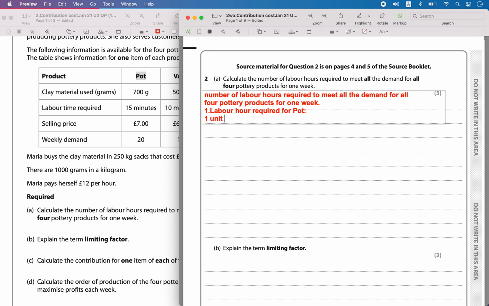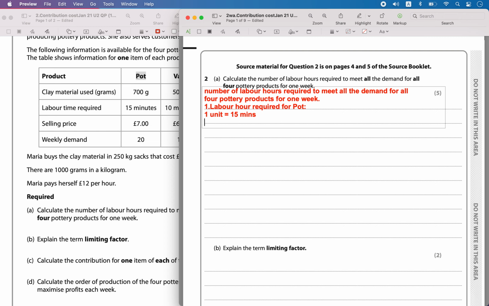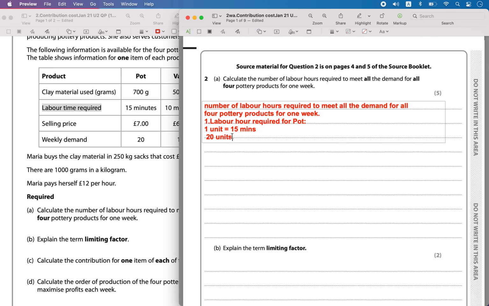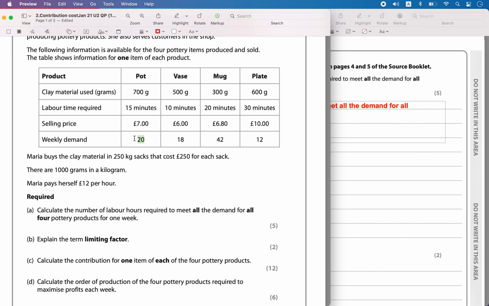She takes 15 minutes to make 1 unit. Here it is given 15 minutes per pot. That is what the labor time required says: to make 1 unit she takes 15 minutes.